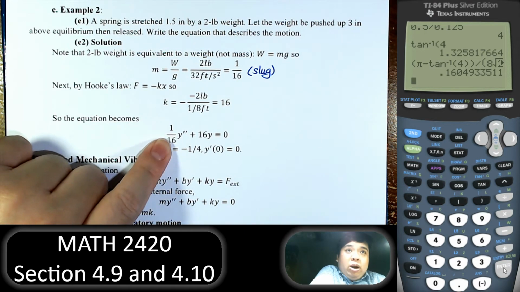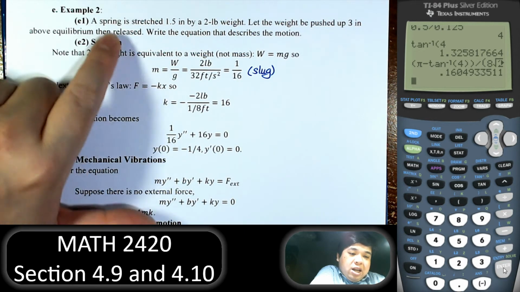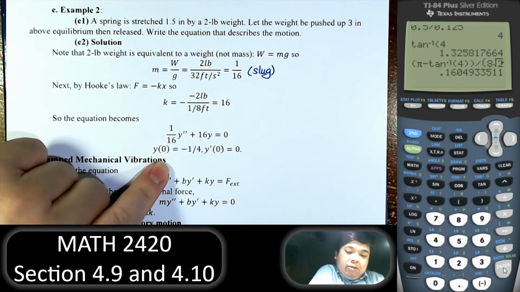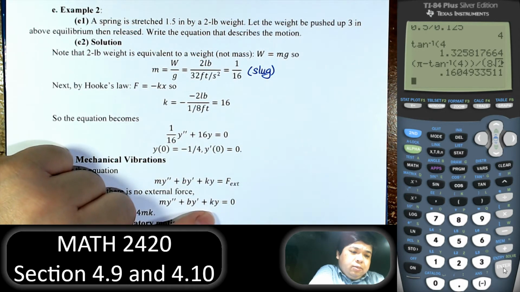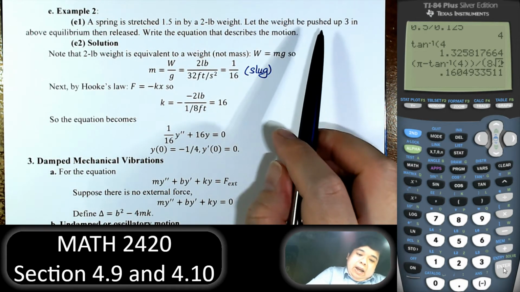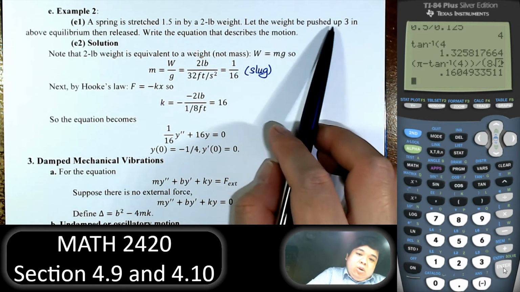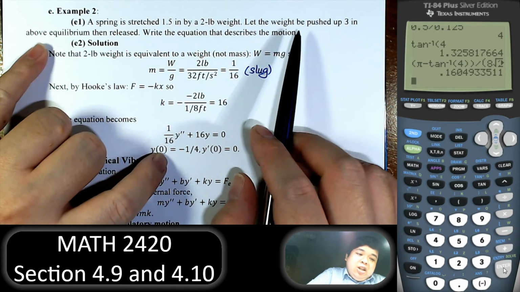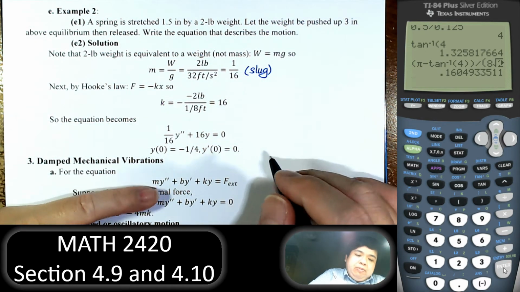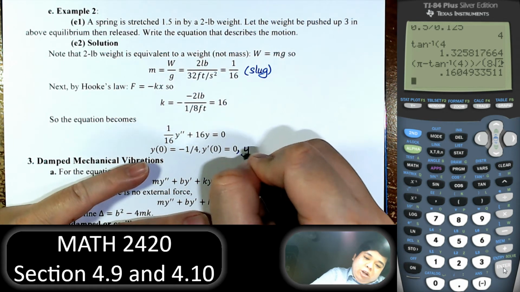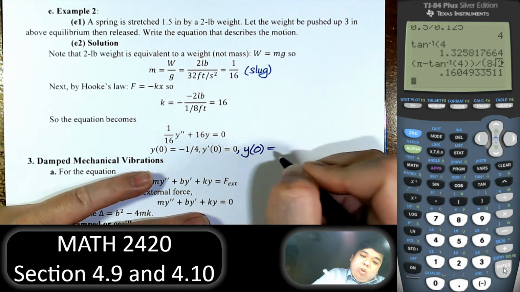So we have the equation, because they didn't say there's a damping factor. And then let the weight be pushed up 3 inches above the equilibrium. So the position at 0 will be 3 inches.